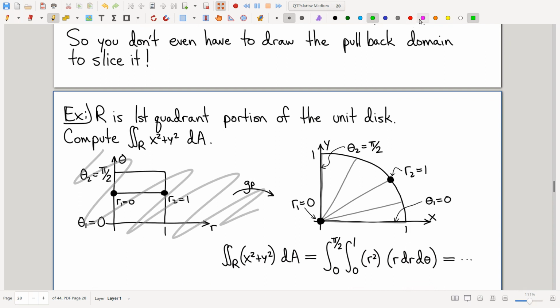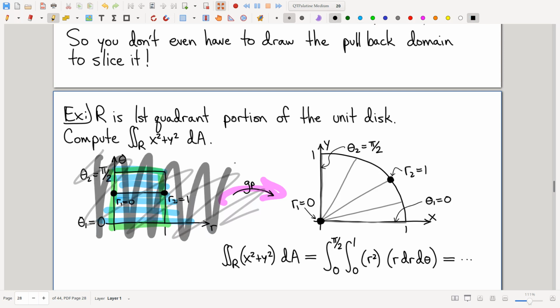Even though I am in fact doing a change of variables here, even though, yes, there is a pullback domain, even though, yes, I'm going to have to slice up that pullback domain, I don't really actually have to write any of that down. I don't have to draw the pullback. Everything that I need I can see right here in my original picture. You just have to remember what slices look like. Right? So really, really convenient.